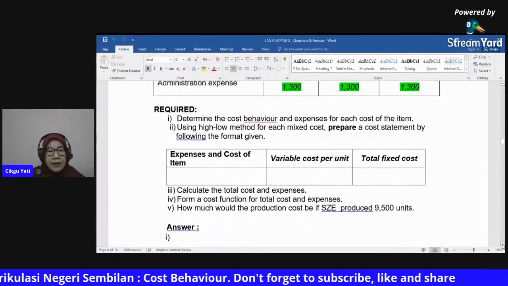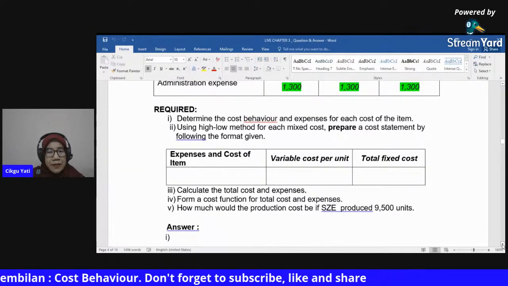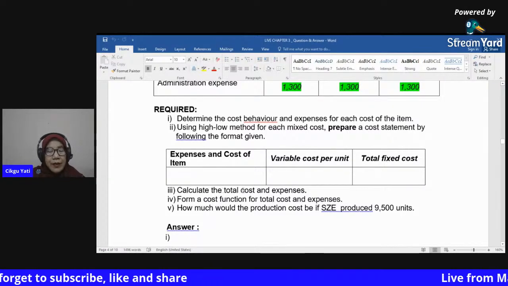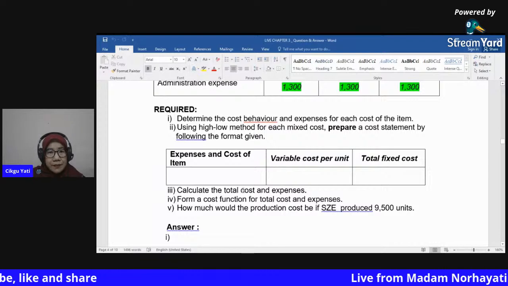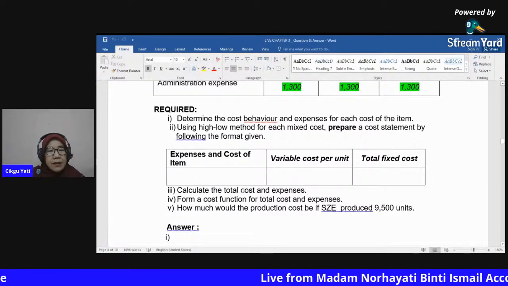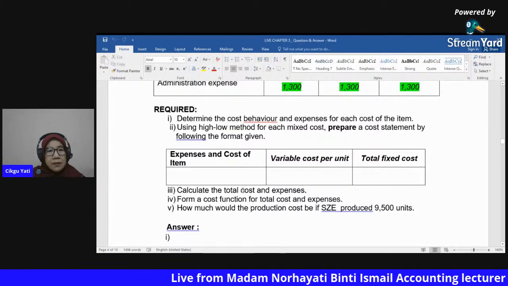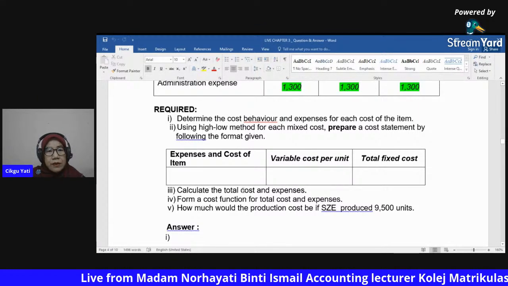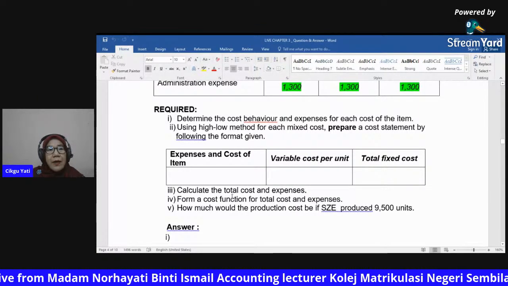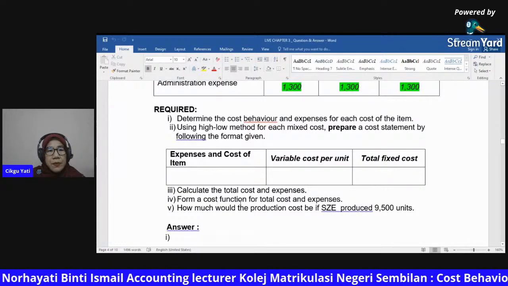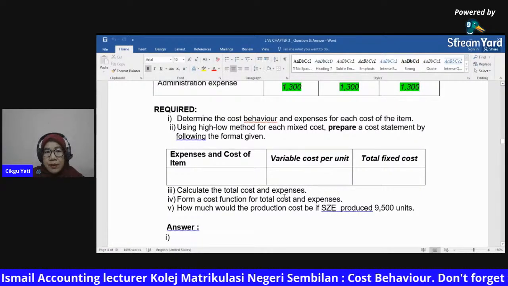Then you have to calculate the total cost and expenses. You add all the cost items, and you will find the total variable cost per unit and total cost. Then you form a cost function for total cost.